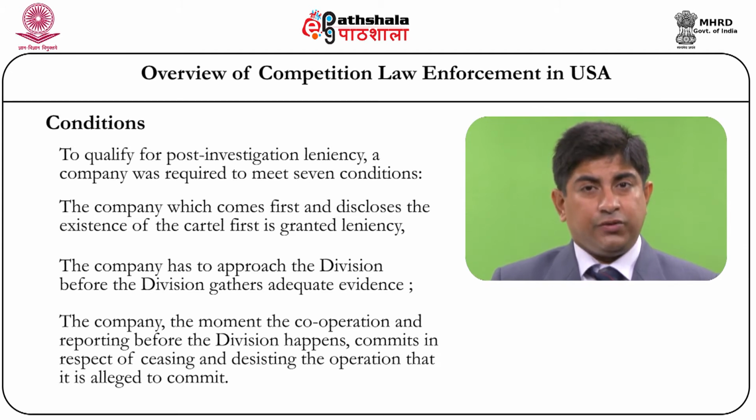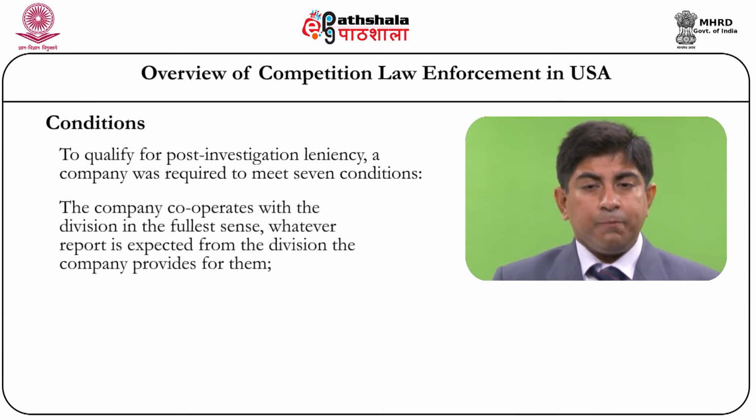Unless the company actually ceases the activity, it is not possible on the part of the antitrust agency to grant any form of leniency. Fourthly, the company cooperates with the division in the fullest sense. Whatever report is expected from the division, the company provides, because the respective antitrust agency in the United States context is the Federal Trade Commission.